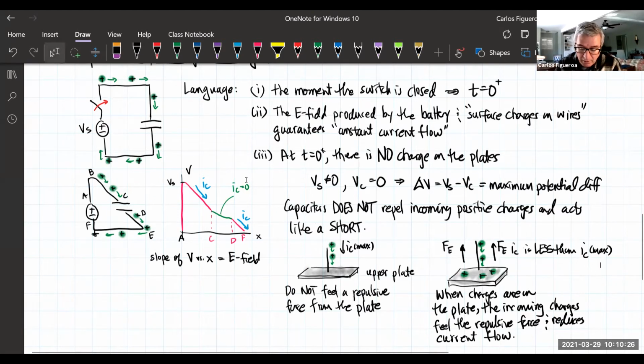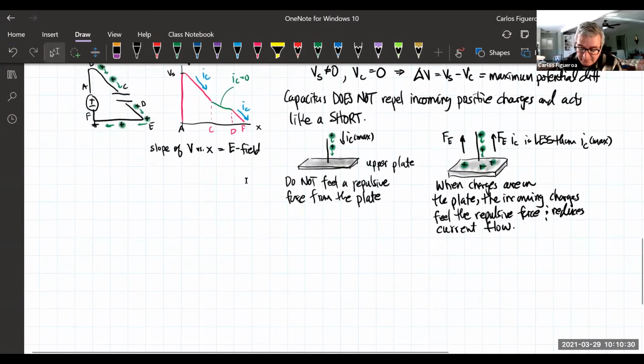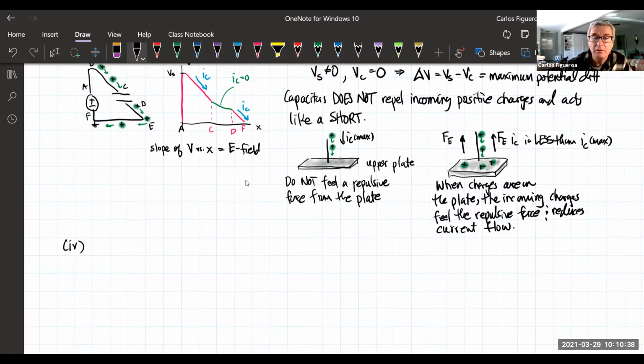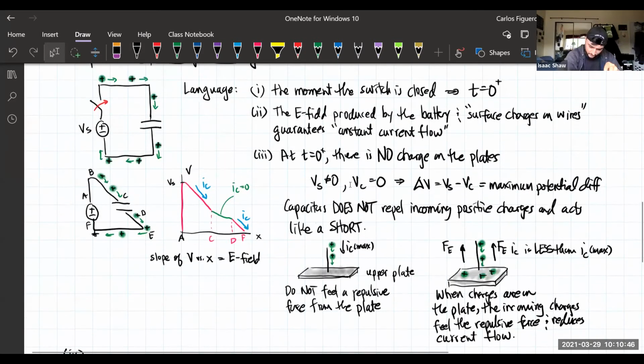So now let's keep moving along here. So now that I have this, I'm going to say 4 here. So Carlos, can I ask? Yeah, go ahead. In bullet 2, you said the E field from the battery, surface charges, and wires guarantee a constant flow.